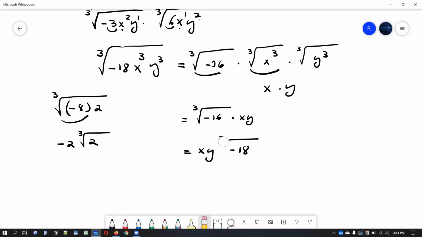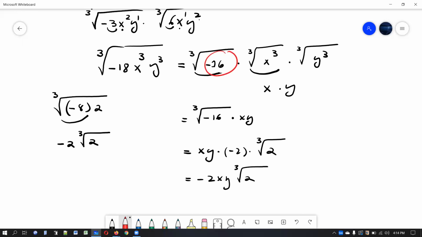And then this would perfectly work. It would be times negative 2 times radical cubic root of 2. Rearrange: negative 2xy cubic root of 2. I think this is probably what they meant. They probably typed something wrong.